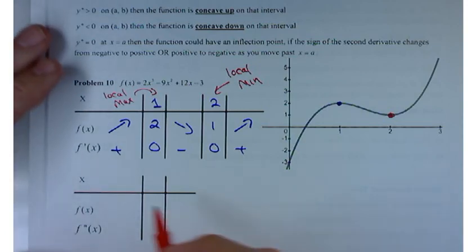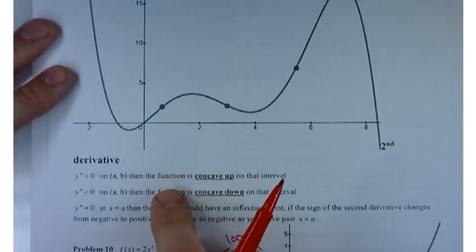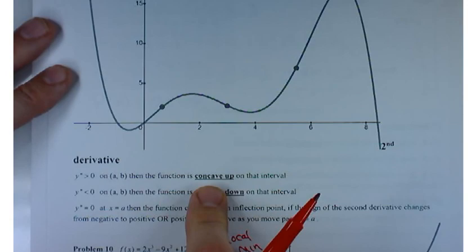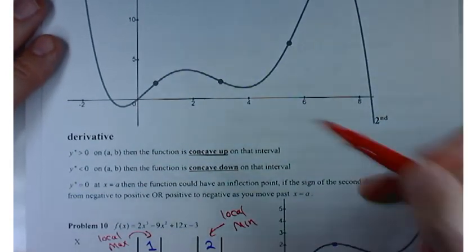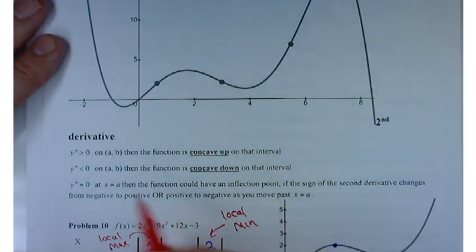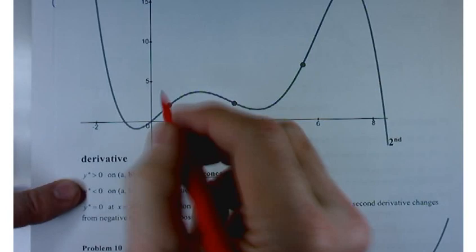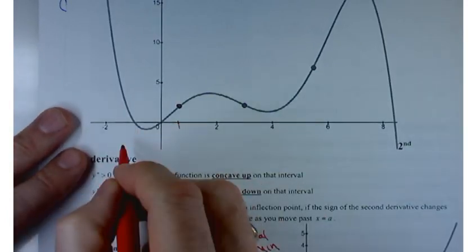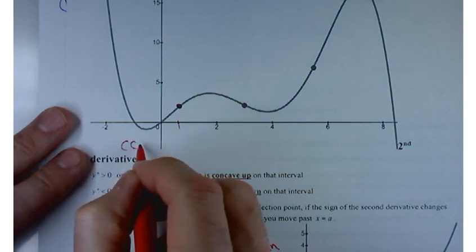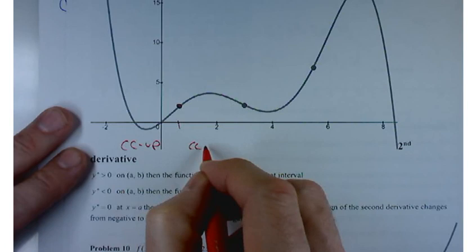Well, that depends on the second derivative. So the second derivative tells you where the function's concave up and concave down. And I'm not going to try and derive that like I did with our first derivative. So concave up, that shape for this graph would be to the left of this point. It's concave up. And between these 2 points, it's concave down.